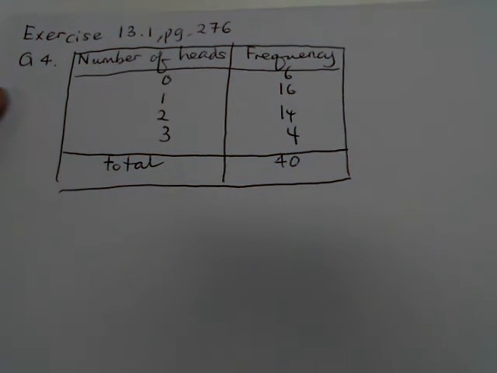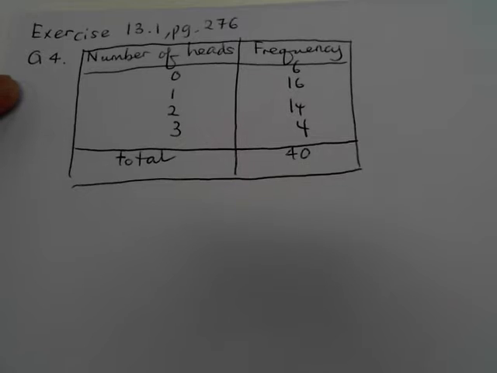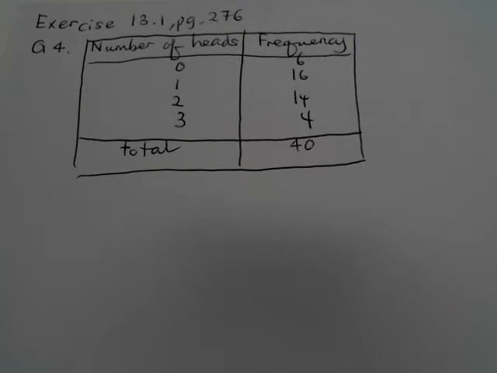Okay. Now, if we are going to calculate the mode, remember our modal class that we had last week. So in this case, which is the modal class, do you reckon?